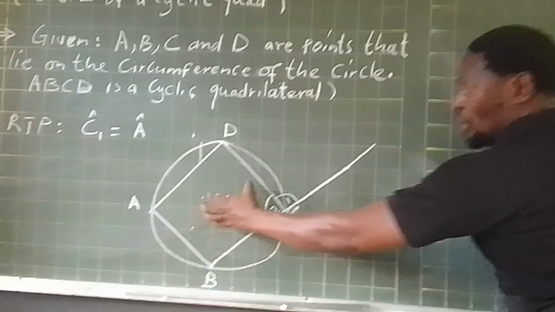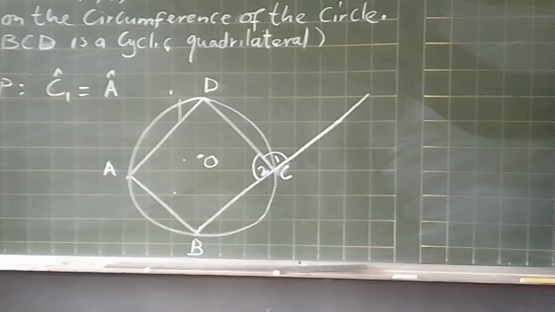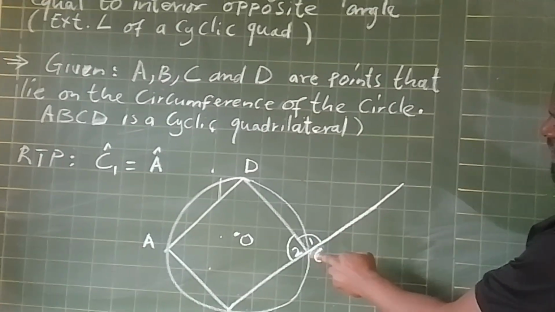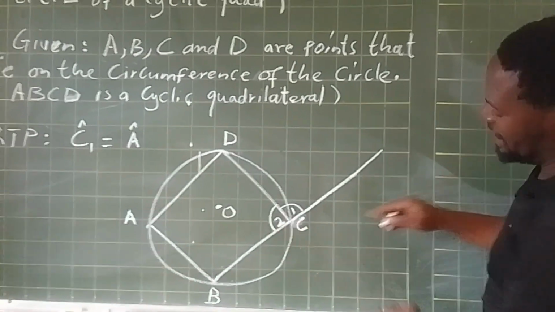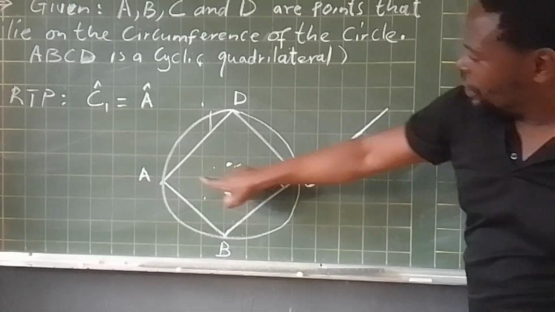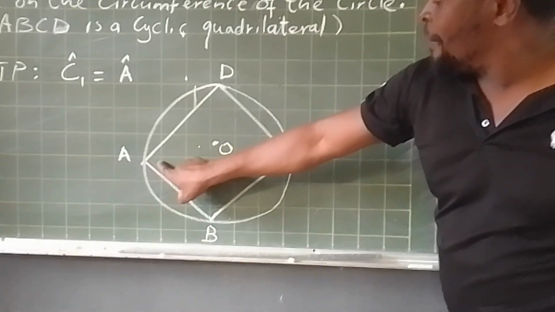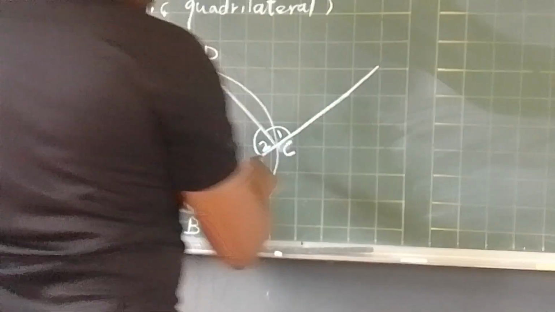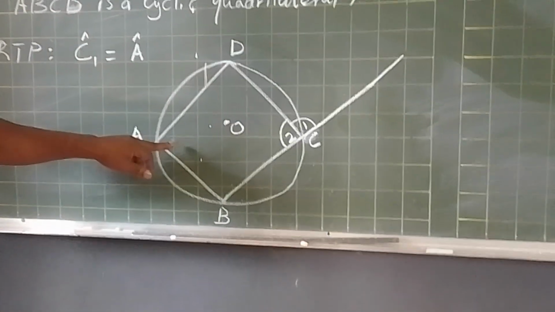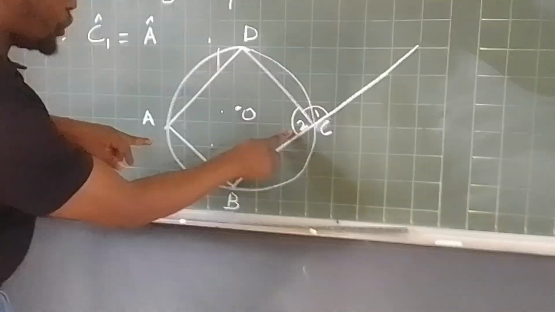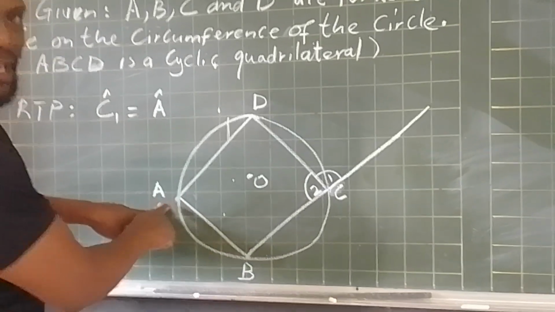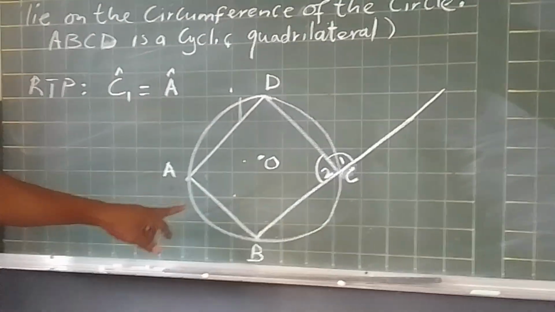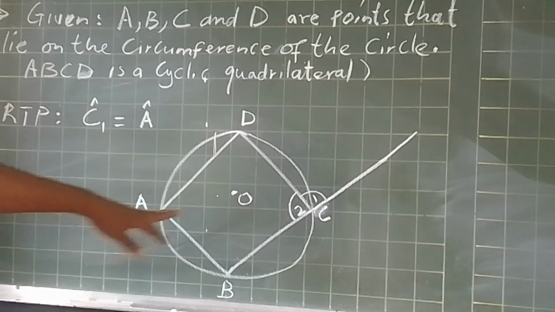You start. You look at your given statement. You see, this angle here, C2, and angle A, which are C2 plus A, are equal to 180 degrees.